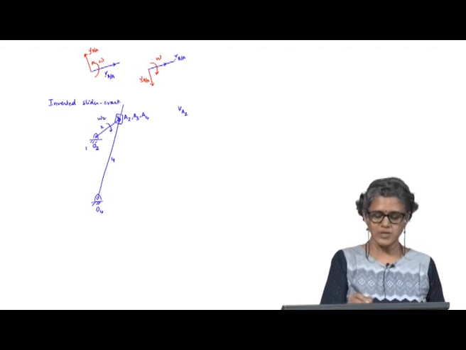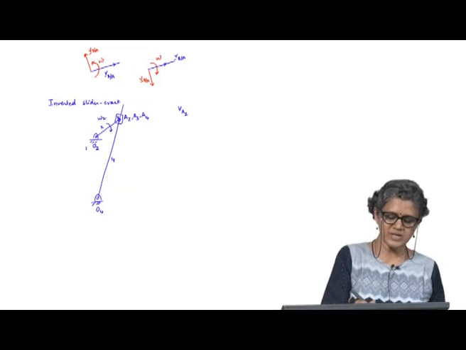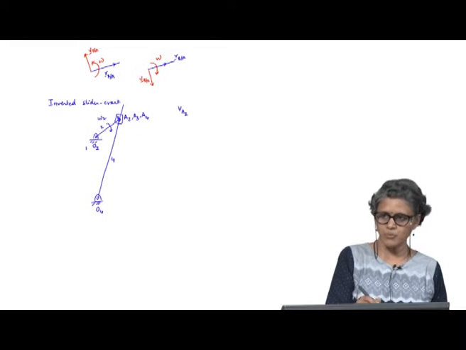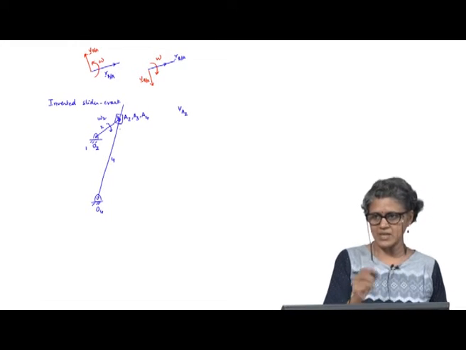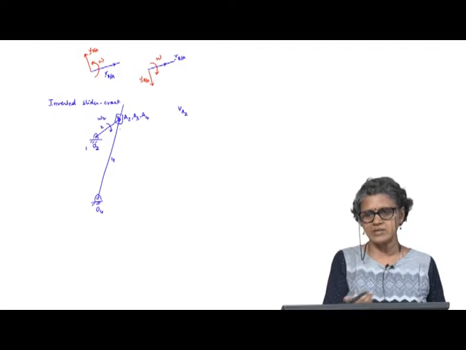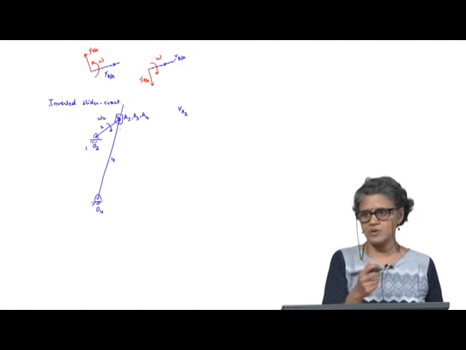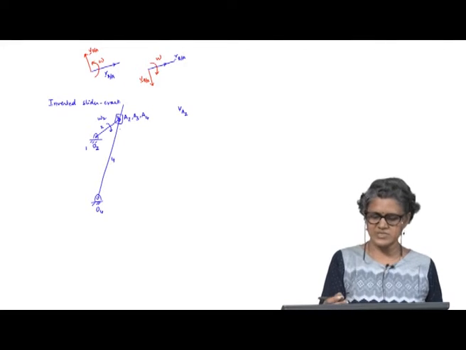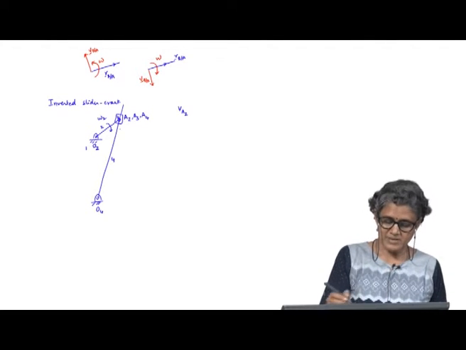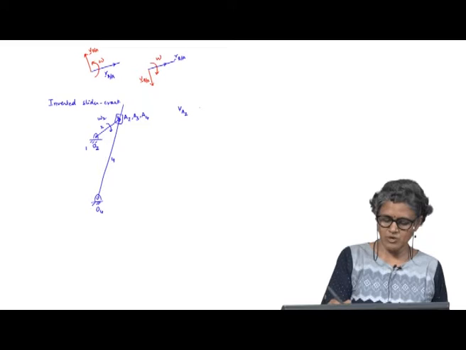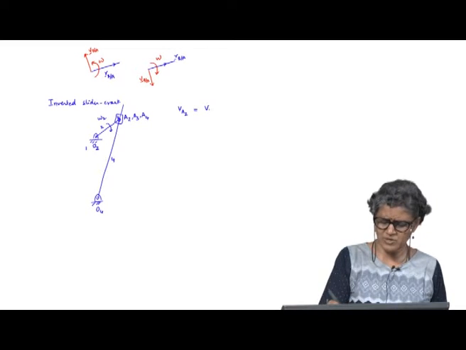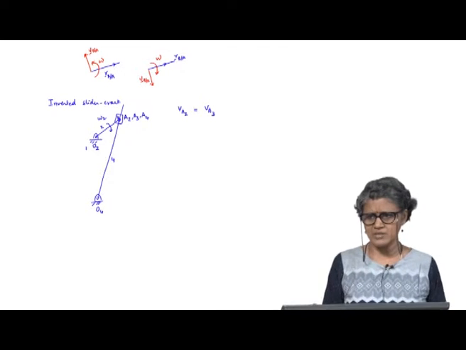So, that is what we are going to consider. So, I am going to consider coincident points on body 3 and body 4. Body 2 and body 3, it's permanently together. So, they are always going to be coincident. So, the velocity of A on body 2 will be equal to the velocity of A on body 3.